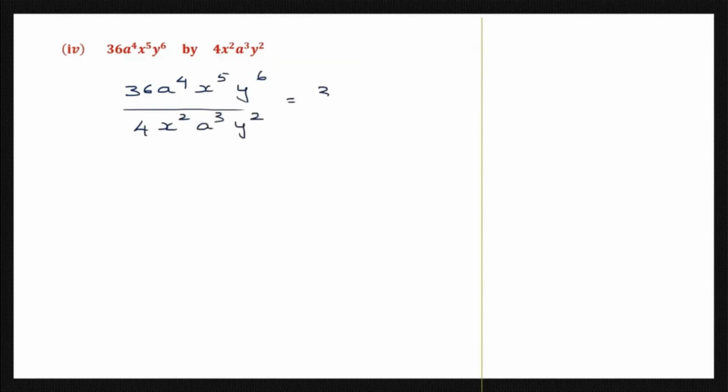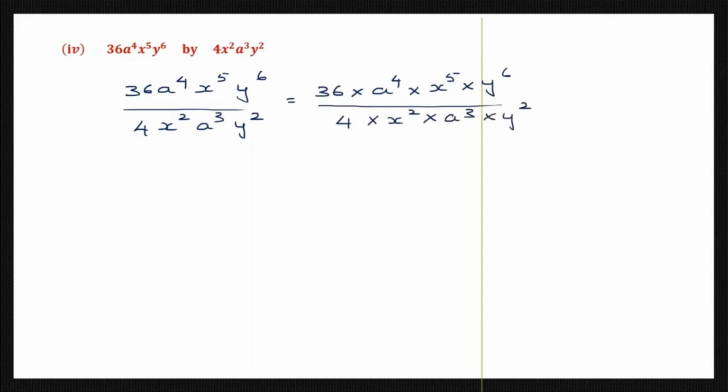So this will be 36 into a to the power of 4 into x to the power of 5 into y to the power of 6 by 4 into x square into a to the power of 3 into y square or y to the power of 2. Now let's cancel what we can. Now here 4 9s are 36. So in my numerator, now I will have 9 into a to the power of 4 minus, now here we have 3.